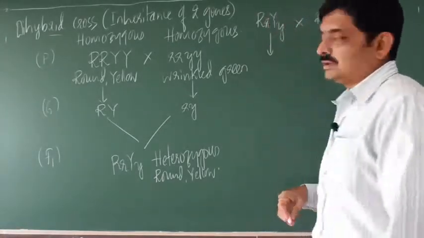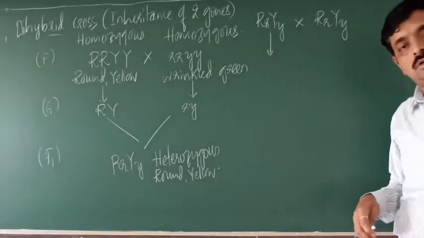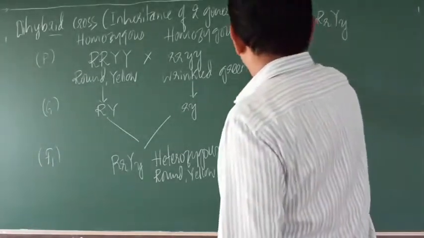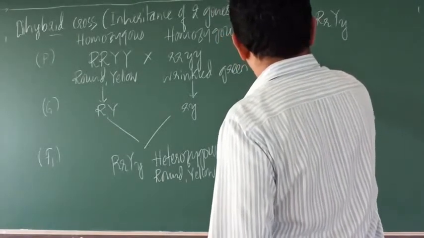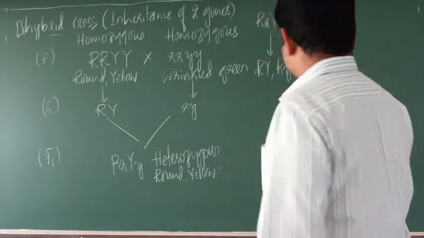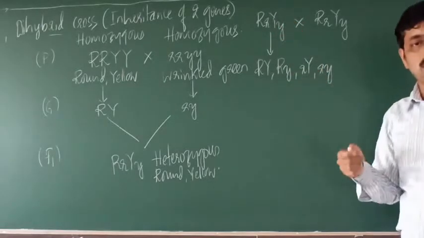Now this plant will produce 4 combinations of gametes. These are the 4 combinations of gametes produced by the first F1 plant.